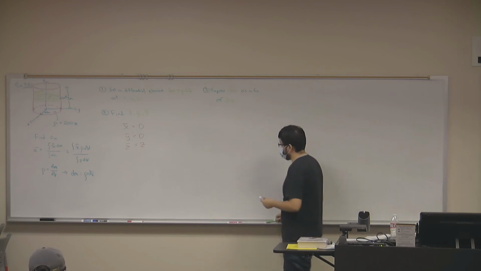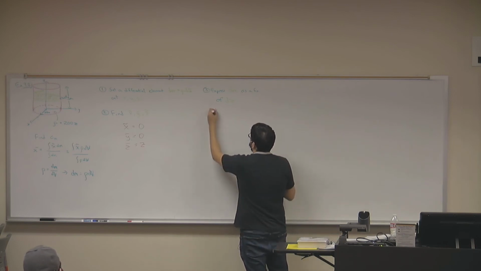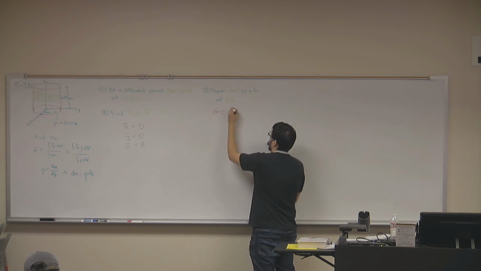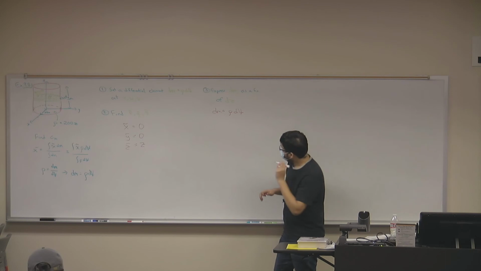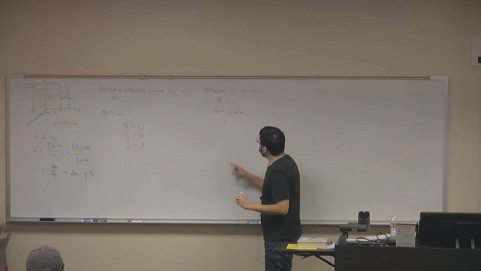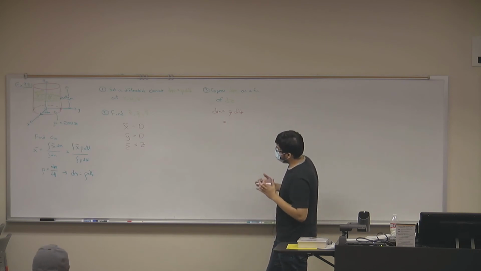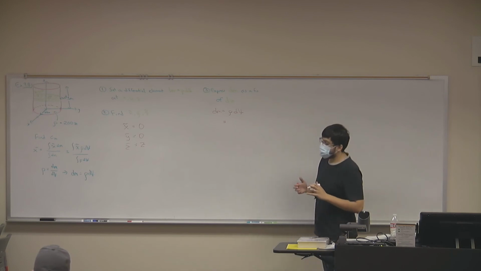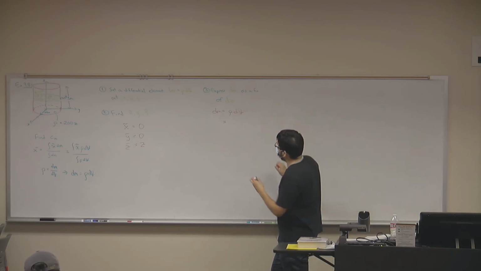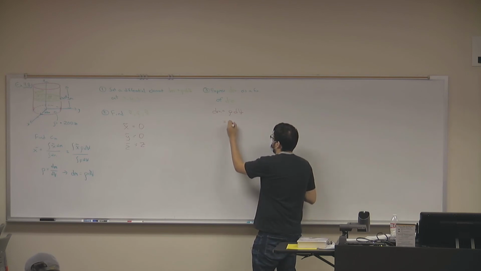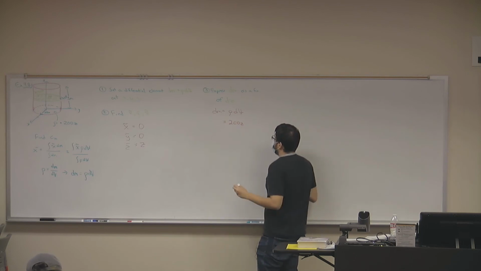So what do we know? We know that dm equals density times dv, right? Is that correct? Okay. What is density equal to? Is there any way to express density here as a function of z or dz? 200z. Okay, 200z. So the dm will be equal to 200z times dv.